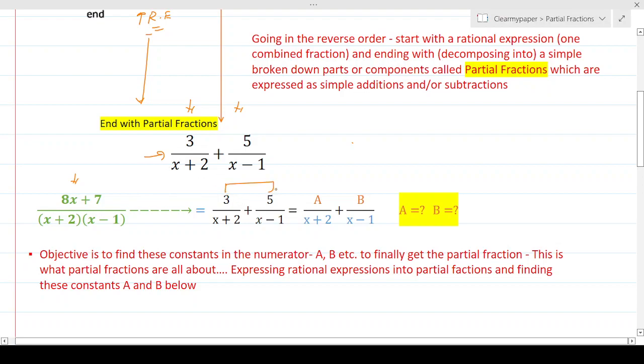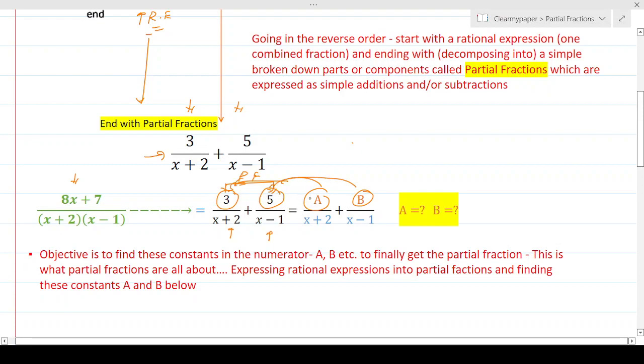This is a partial fraction, and whenever we try to solve the problem, we will not know the values of these constants. So the whole issue of partial fraction is, although we know the construct of these equations in terms of the individual fractional parts, our objective is to find the values of A and B, which are over here and over here.